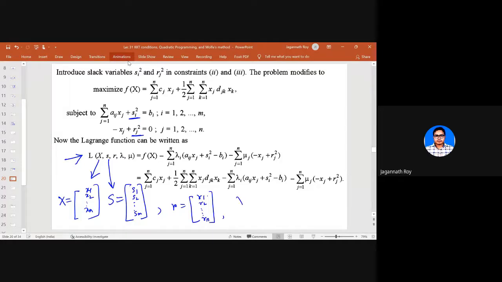Then there is lambda. Lambda 1, lambda 2, lambda n. And then there are some constraints, some multipliers which are mu1, mu2, mu n. So all these are unknown. We have to find them out.